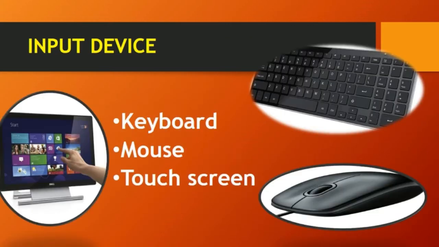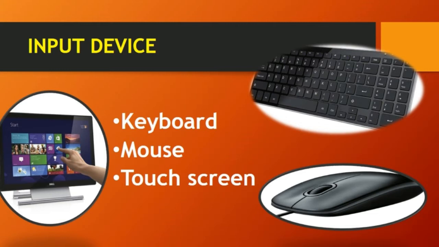Next one is input device. Let us see the details about input device. Input devices enable the user to give instructions to the computer. Whatever instruction we give, only the input device passes it to the computer. Some input devices are keyboard, mouse and touch screen.